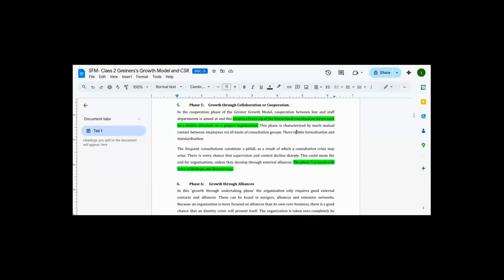So all these formal approaches, the company staff have already gotten used to. That is what is meant by little formalization and standardization. They are accustomed to the standard culture, the vision and mission of the company, and the goals that they want to achieve. With that cooperation now, it makes it easier, and we have less supervision because they have accumulated years of experience and teamwork.